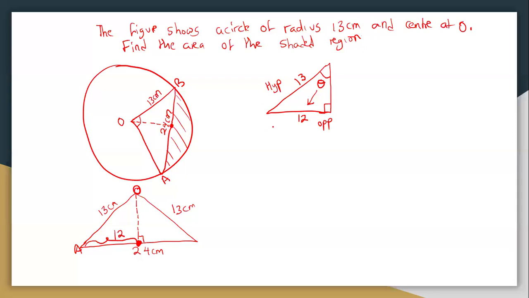So we are given opposite and hypotenuse and the theta. So we can use sine. Sine theta is equal to opposite over hypotenuse.